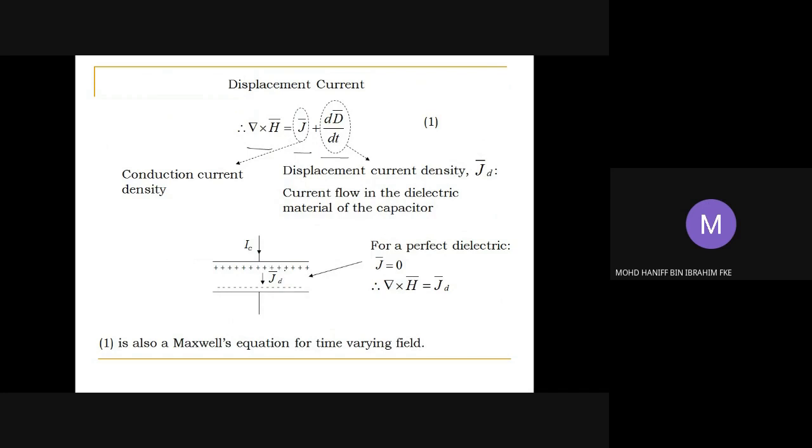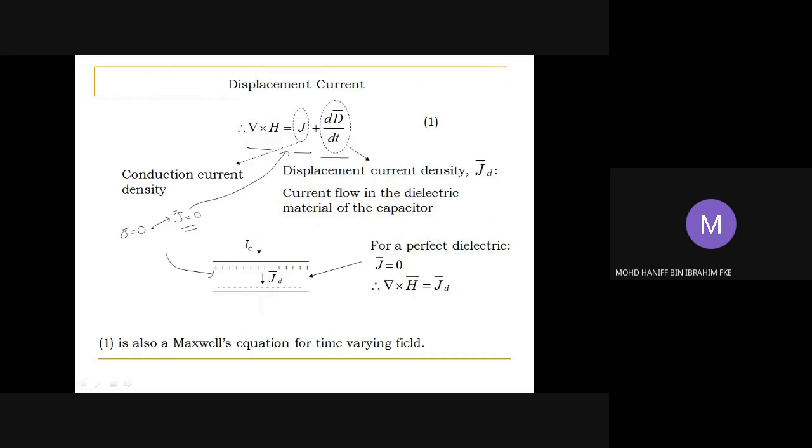Based on that, we can say that the current that passes through this particular dielectric, for the case whereby sigma equals 0, or the case of a perfect dielectric, remember we agreed just now that J will also be equal to 0. When sigma is 0, J will be 0, which means the conduction current is 0. J is your conduction current density.